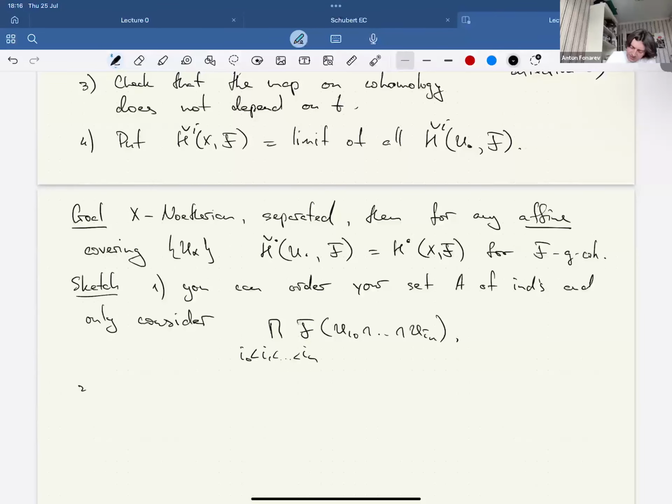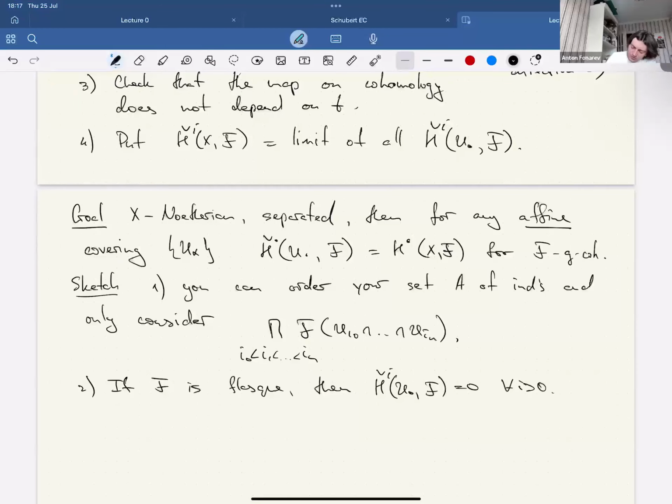So the second thing that is important for us is that if F is flask, then actually Čech cohomology vanishes for all open coverings. It equals 0 for any i strictly greater than 0. All right, well, how is this done?